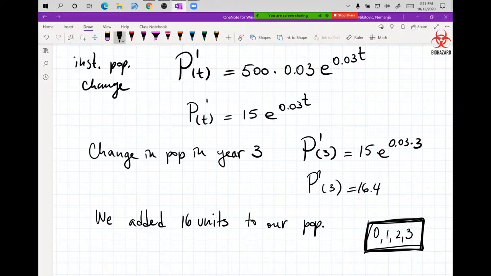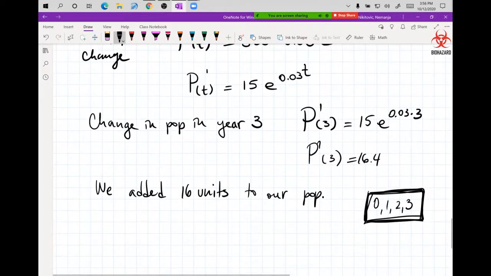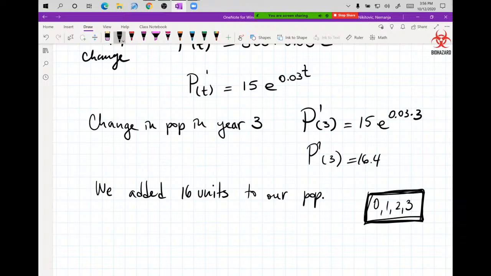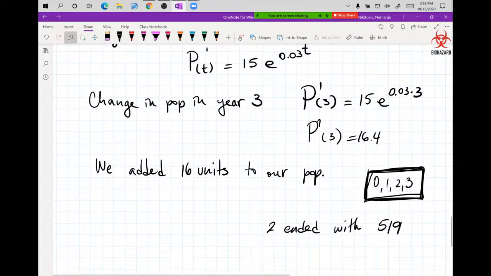But the instantaneous one, the derivative, it only gives you the growth in population in that one particular year. So I'm just going to say whatever ridiculous numbers. Let's say year 2 ended with, I'm just going to say, 519 units.